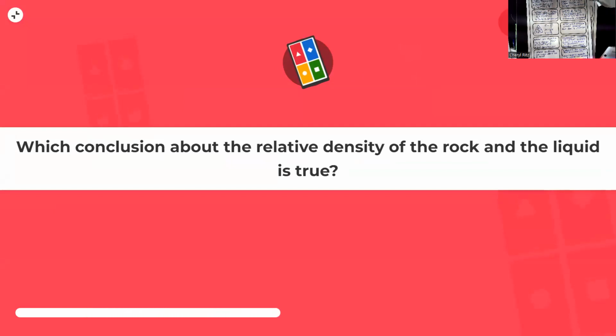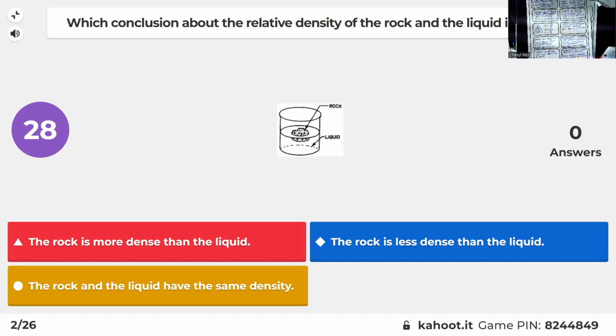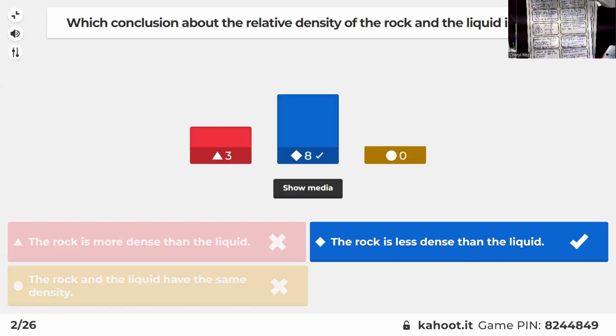Which conclusion about relative density of the rock and liquid is true? So you've got a picture there. Which one is true? Because you didn't read all the words. No, I did.